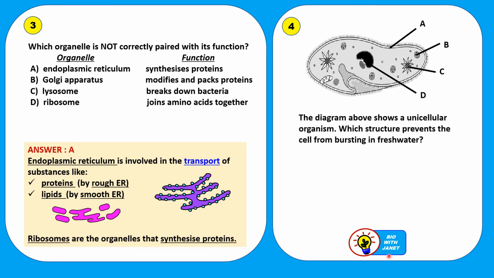Okay. Now let's go on to number 4. The diagram above shows a unicellular organism. Which structure prevents the cell from bursting in fresh water?